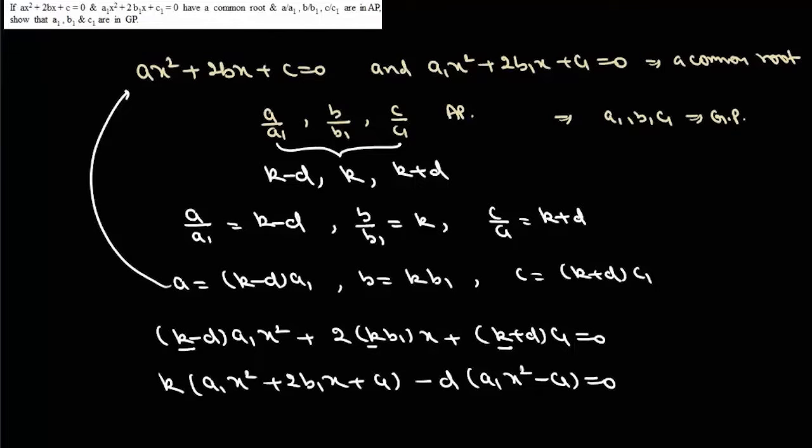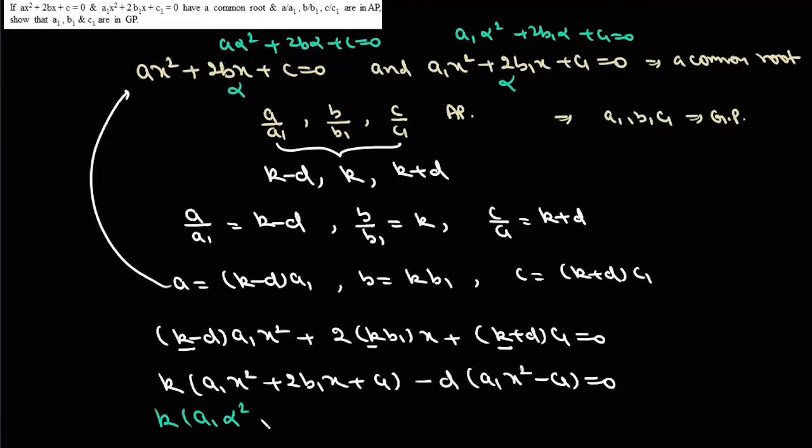Now let the common root for both the equations be alpha. So if alpha is a common root, then we can write a alpha square plus 2b alpha plus c equals 0, and a1 alpha square plus 2b1 alpha plus c1 equals 0. Now alpha is the common root, so we'll put x as alpha, we can write k times (a1 alpha square plus 2b1 alpha plus c1), and minus d times (a1 alpha square minus c1) equals 0.